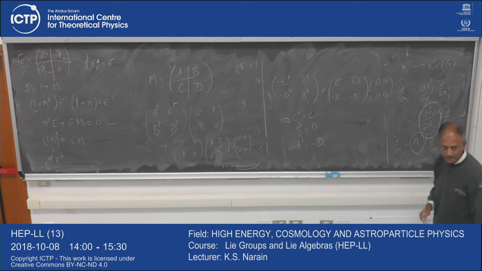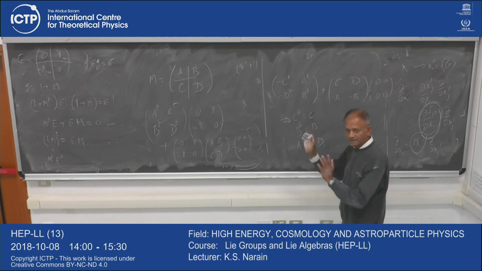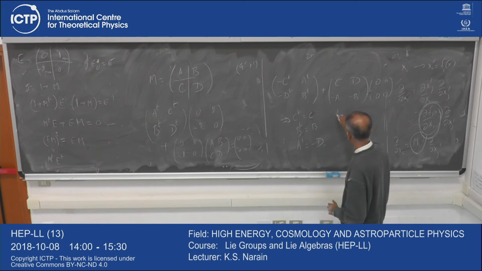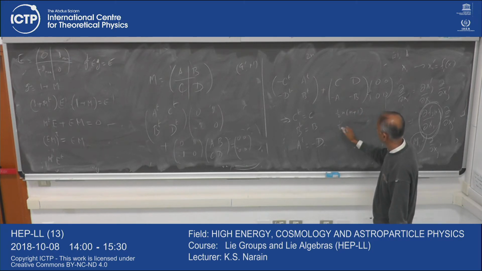So these are the three equations, and you can count how many parameters there are. C is an arbitrary n by n matrix, but it has to be symmetric, because this equation tells me C is symmetric. So there are half n times n plus 1 parameters here, and similarly half n times n plus 1 parameters here.